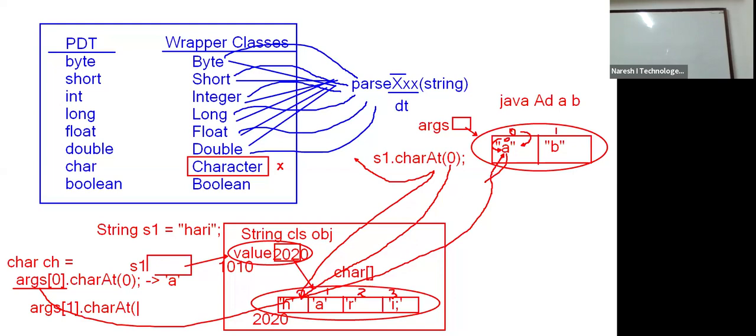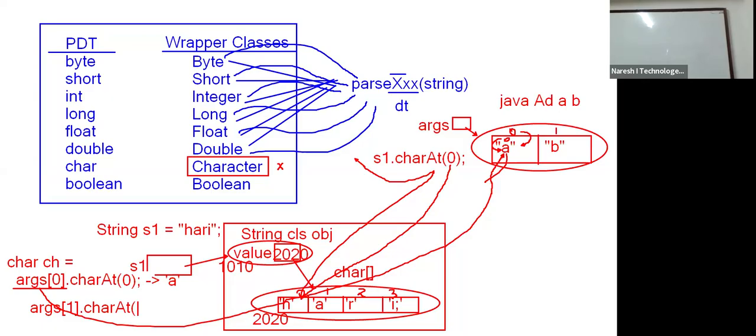Next one, args of 1 dot charAt of, again 0, not 1. Oh, 0, 0 matching. 1, 1 should match? No. Understand? Again repeating my question. If I write args of 0, this A is coming out as a string. If I use only args of 0, double quotes A is coming as string or as a character?